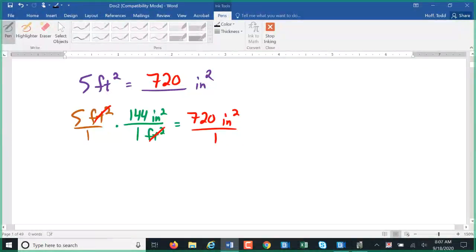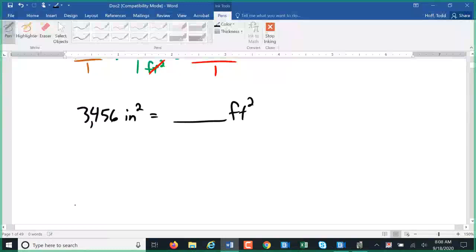Or if I want to go the other direction, if I have 3,456 square inches, and I need to know how many square feet is that. That's one that would be a lot simpler if it was expressed in square feet. Oh, I'll take my 3,456 square inches, put them over 1.